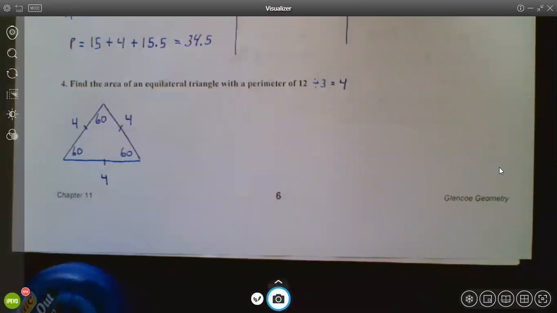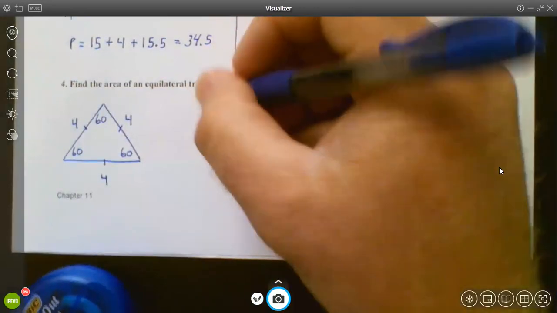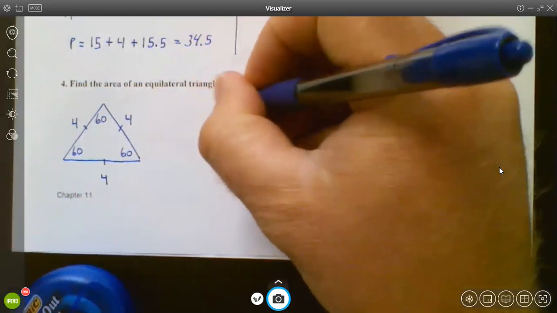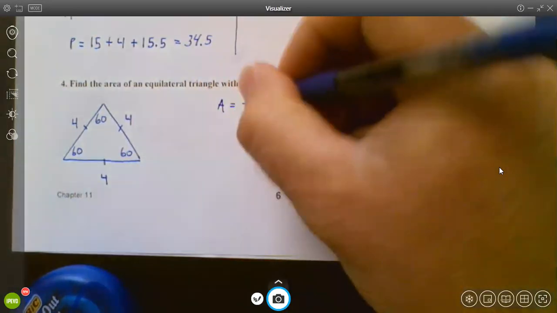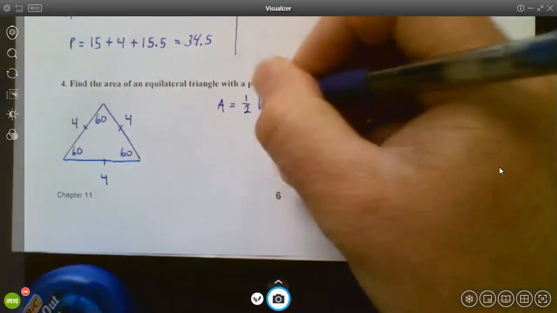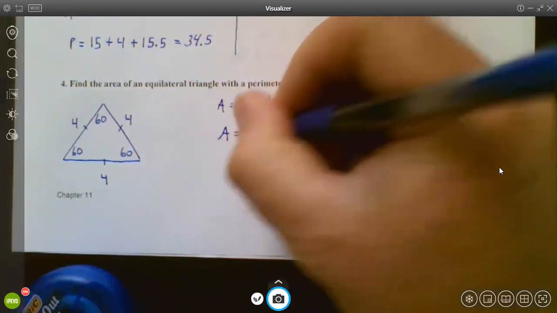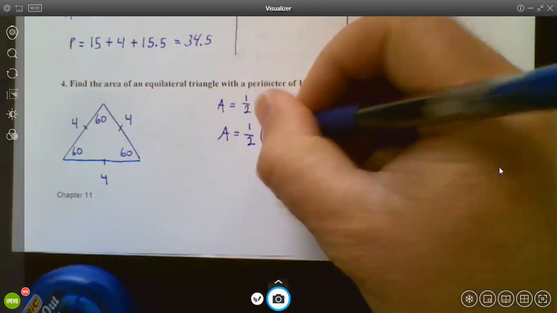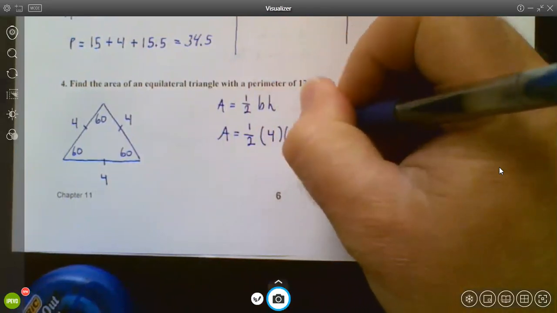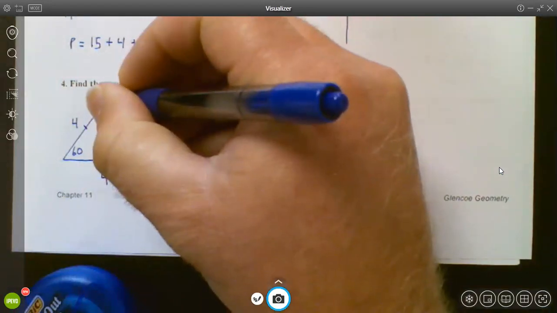So the one thing we don't know is our height. I think we could all agree that our base is 4, but our height would be right here.